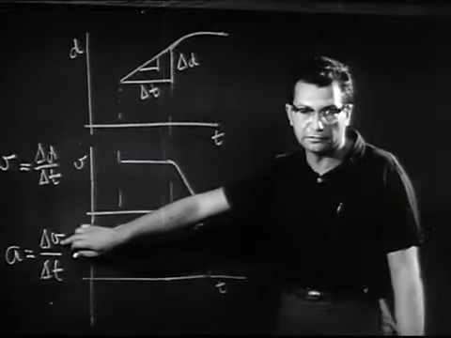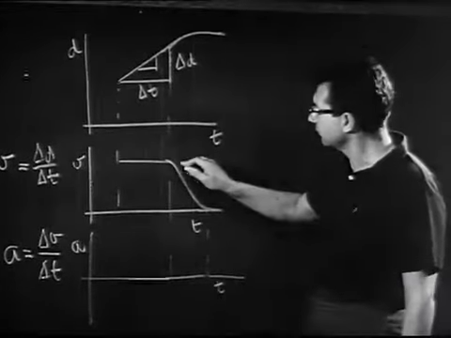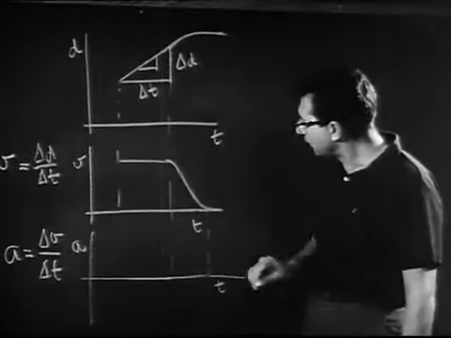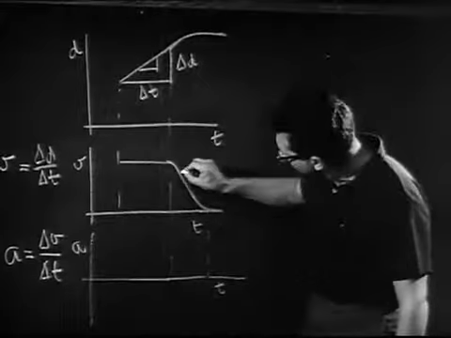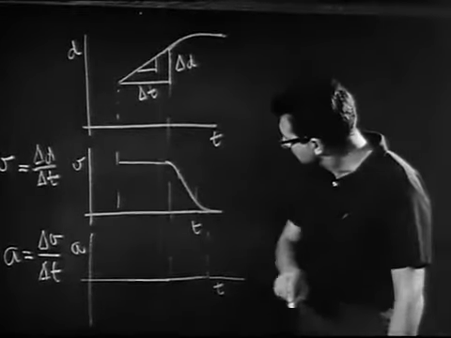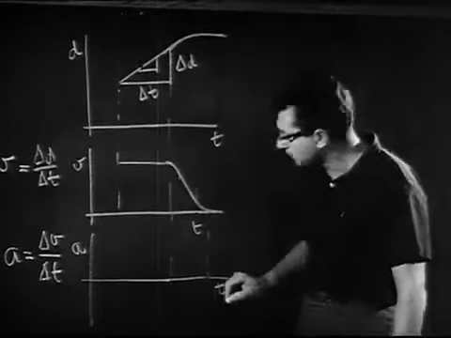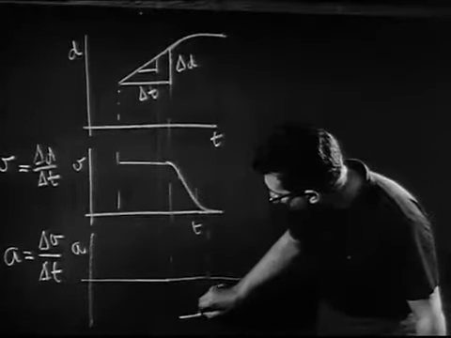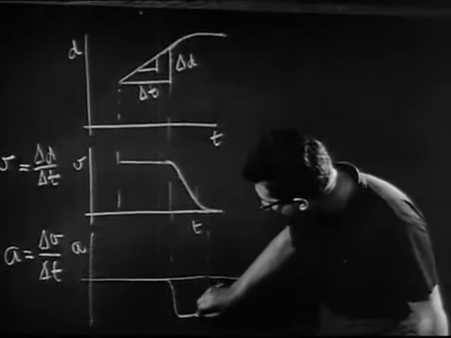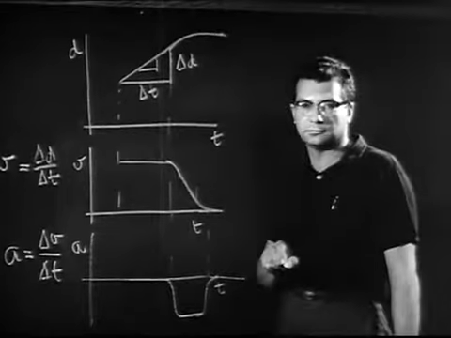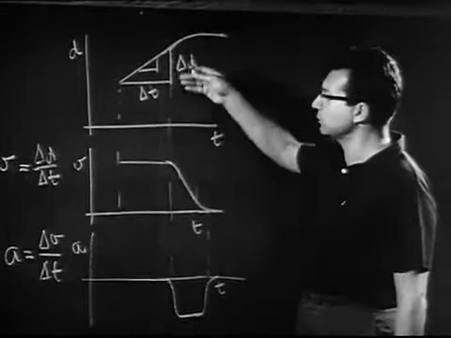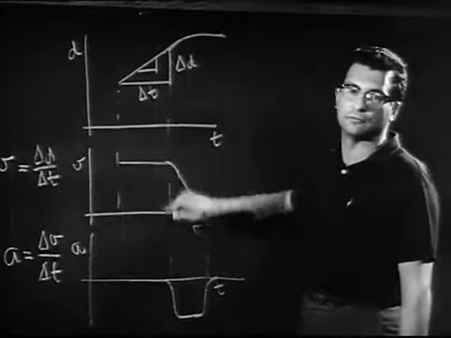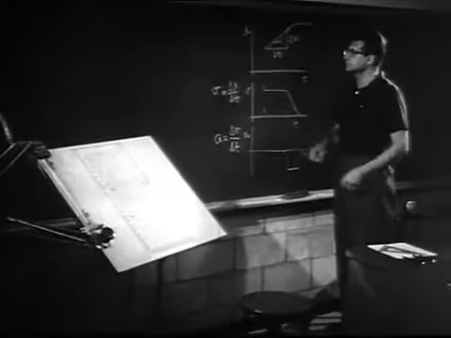Delta v is negative, the slope is negative, the curve is falling. So I know I have a negative acceleration. In fact, here's a region where the slope is fairly constant, so I have a constant negative acceleration, which started from 0 and ends at 0. And that's then how we do it, from d to v and from v to a, by taking slopes.